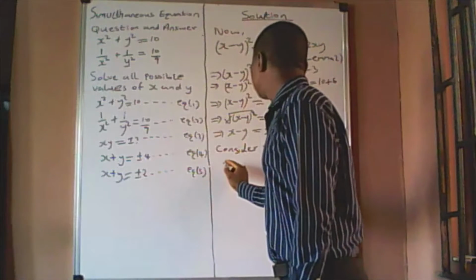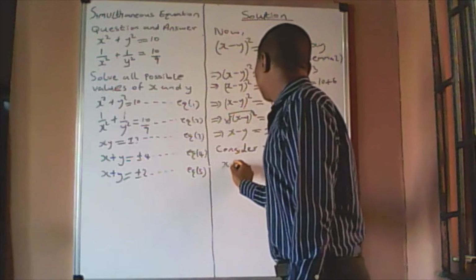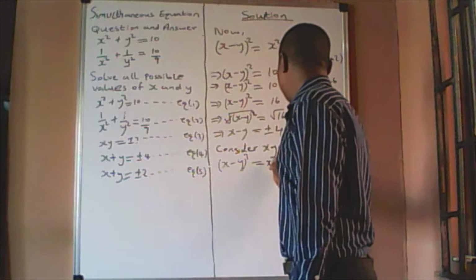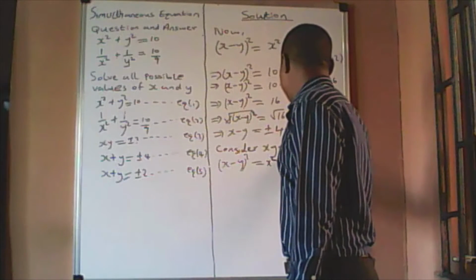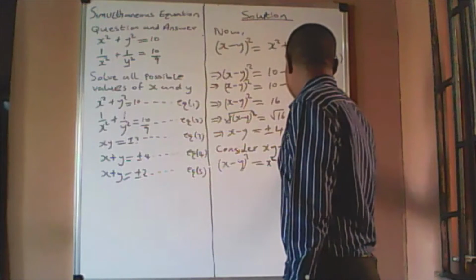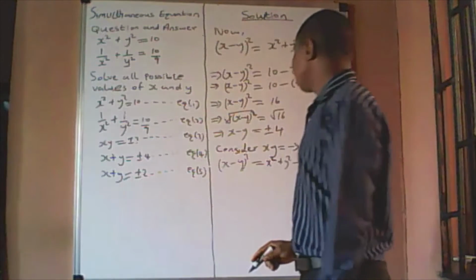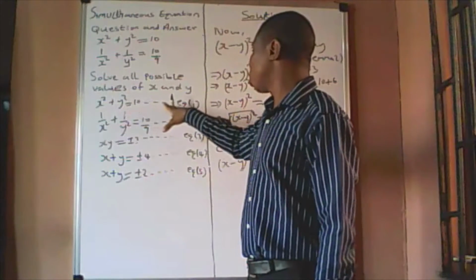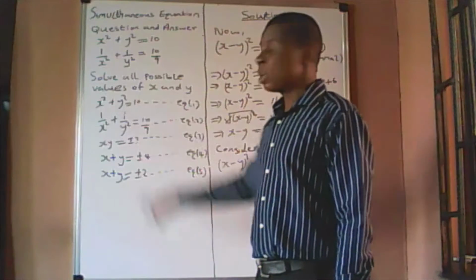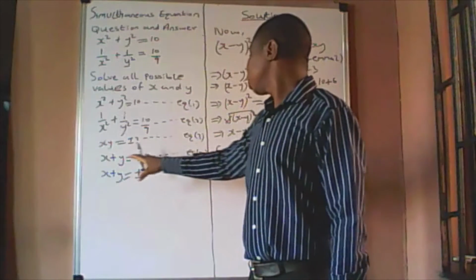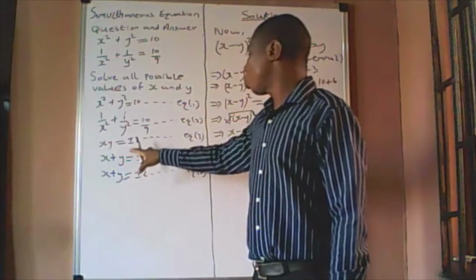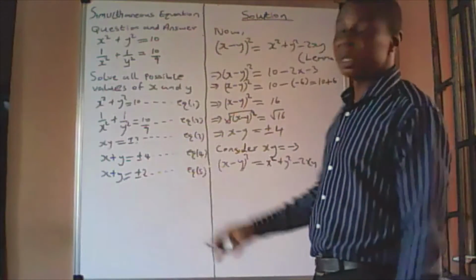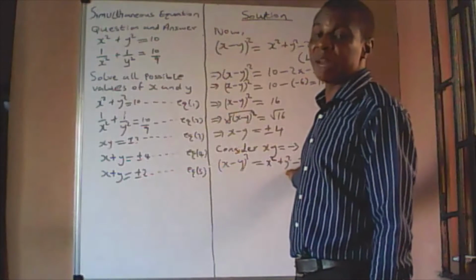Lemma 2 is (x minus y) raised to the power 2 equal to x squared plus y squared minus 2xy. Having known the value of x squared plus y squared in equation 1 to be 10, and also x times y equal to minus 3, because I consider minus 3 in equation 3, I'm going to substitute them into this lemma 2.